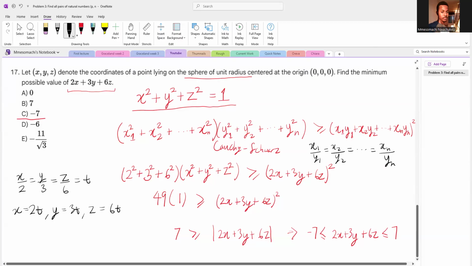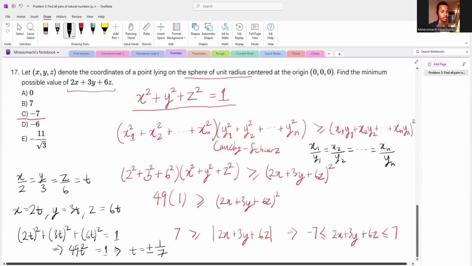So we can plug it into the equation of the sphere. And we have 2t all squared plus 3t all squared plus 6t all squared equals 1. So that implies 49t squared equals 1. That implies t is equal to plus or minus 1 over 7.